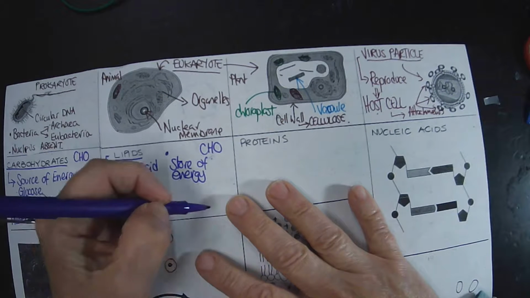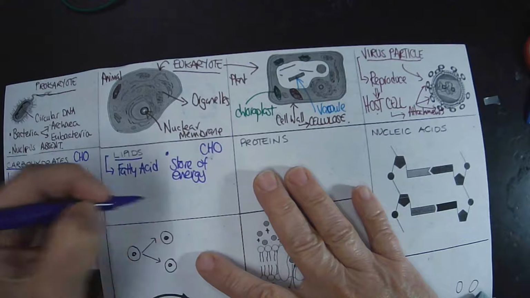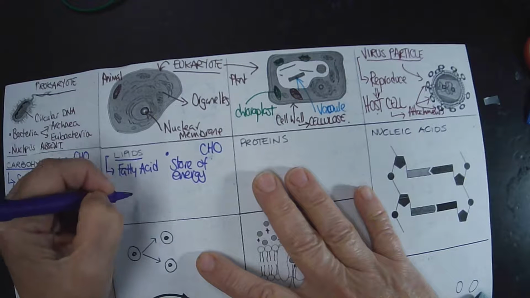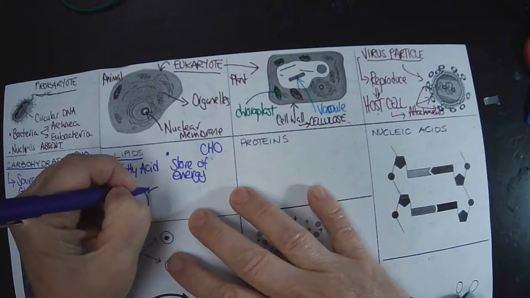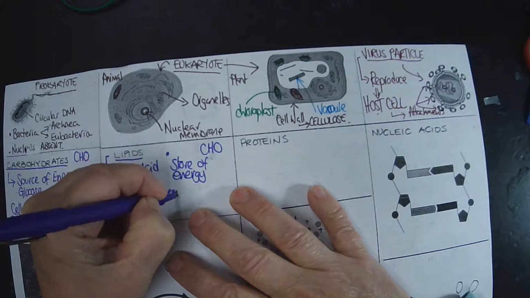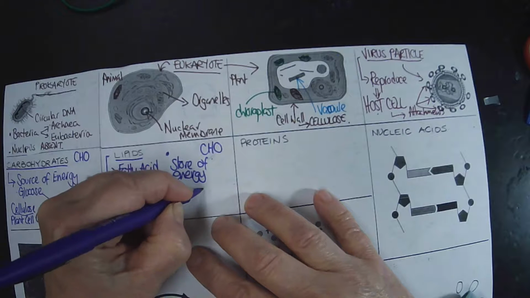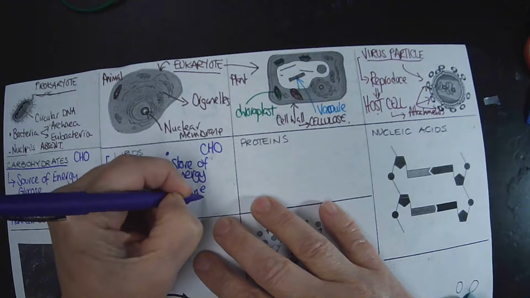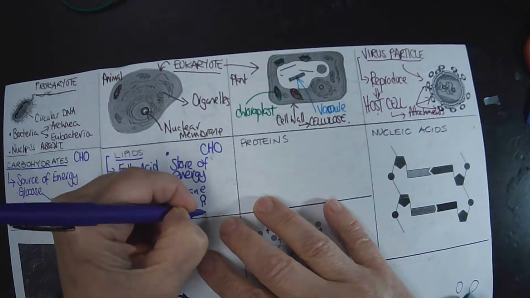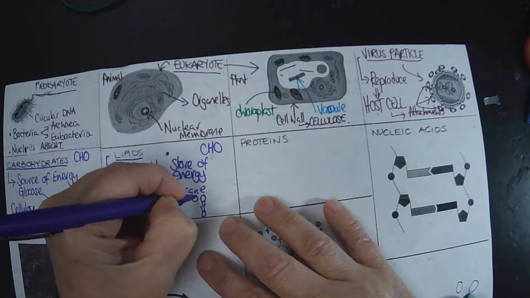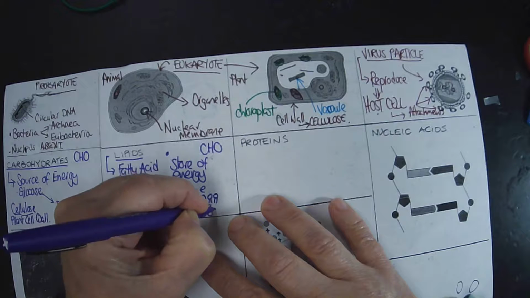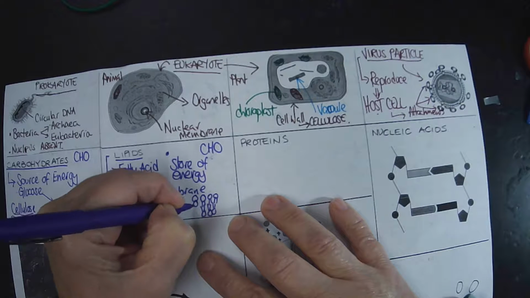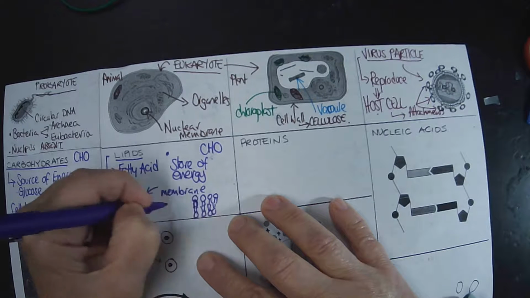So that's one thing. Another thing that we talk about when we're talking about lipids is the cell membrane. Okay, the cell membrane is made of a phospholipid bilayer. So you've got a hydrophilic head and hydrophobic tails, and bi means two, so you've got two layers of them, and they form the cell membrane.